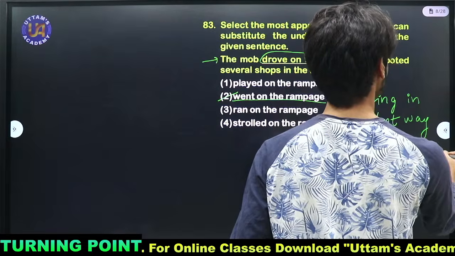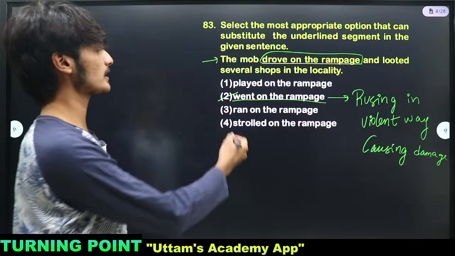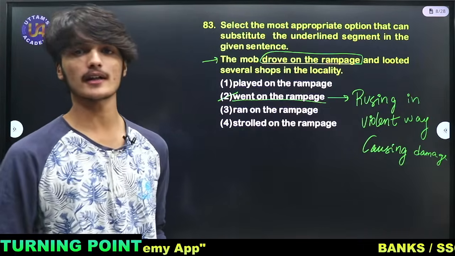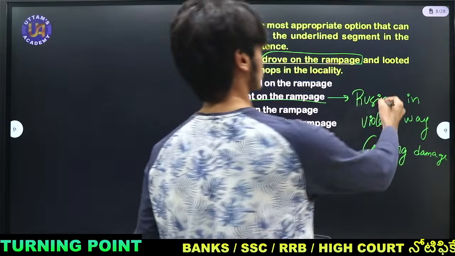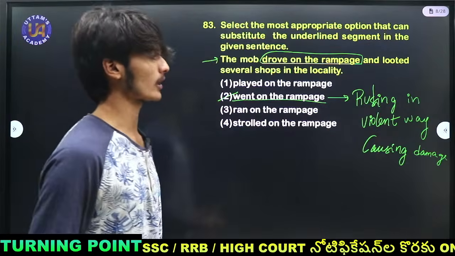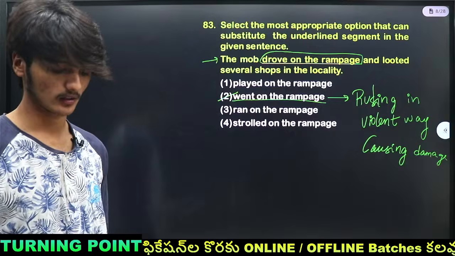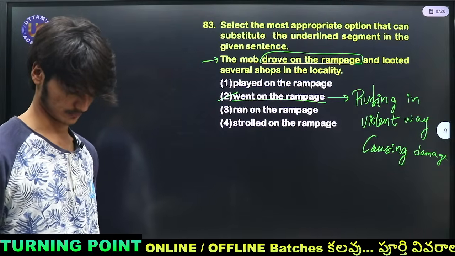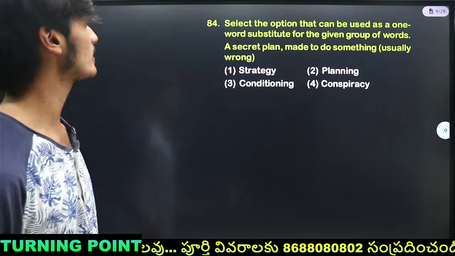So the correct option is option 2. Went on the rampage means rushing in a violent way, causing damage and destruction. Anil Kumar answered it right.